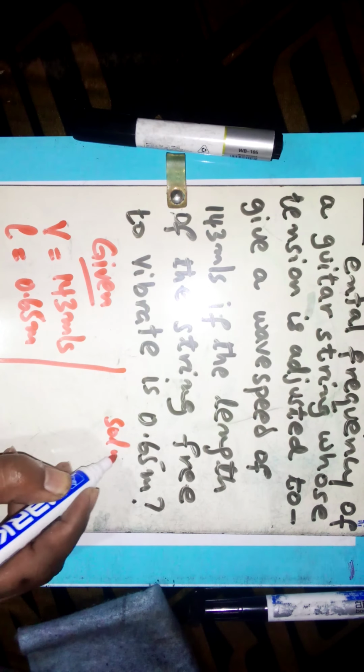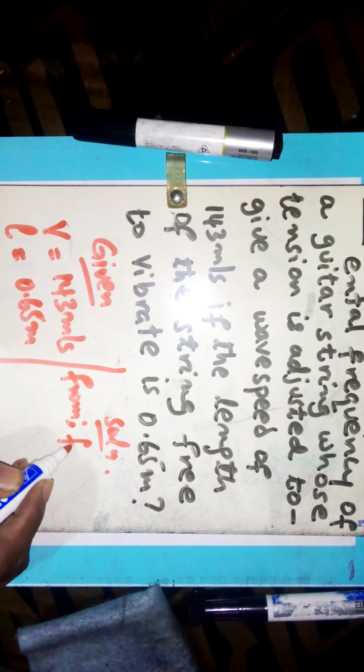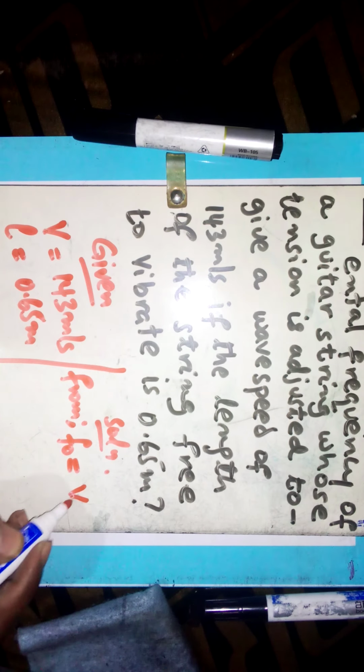Solution: how can we find the fundamental frequency of a vibrating string? The fundamental frequency equals V over 2L. I think you remember how we got this. Therefore, we substitute the data. What is V? 143. 2 is a constant, times L. L is 0.65 meter.